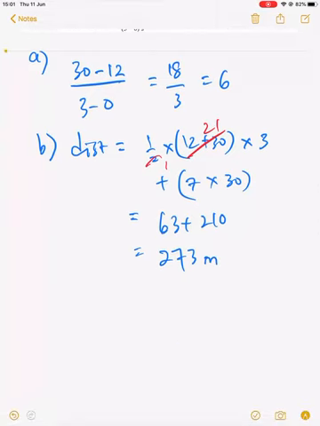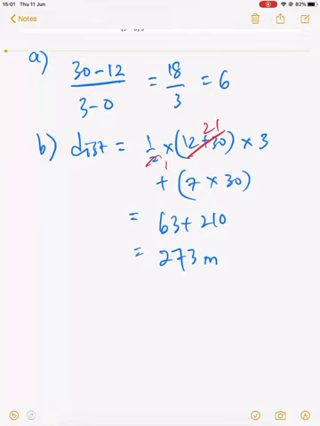Okay, so the last question, example 18. The value of t if the magnitude of the rate of change of speed after 10 seconds is the same as the magnitude for the first 3 seconds. The magnitude means the number is the same regardless of the direction.